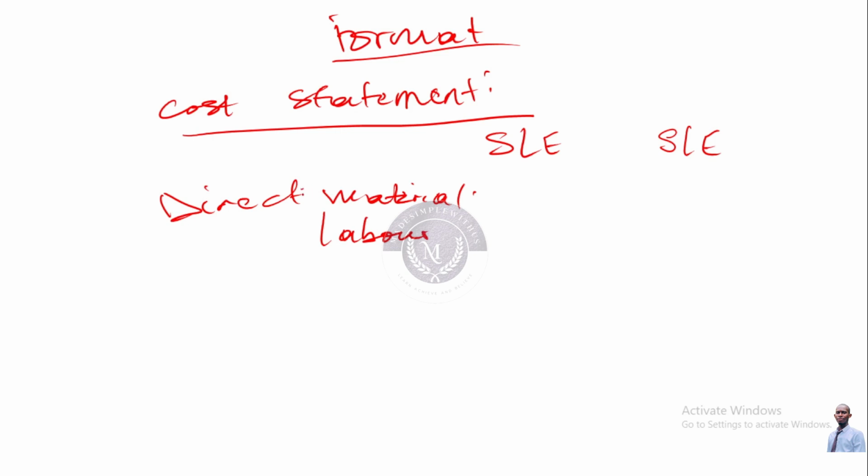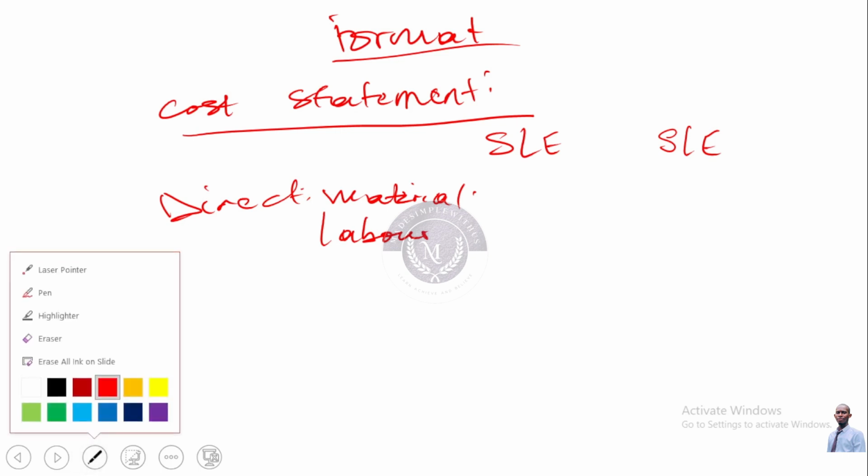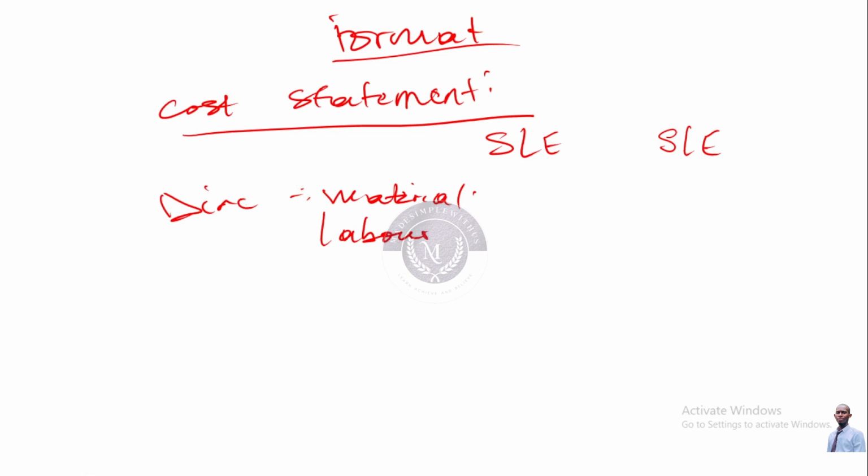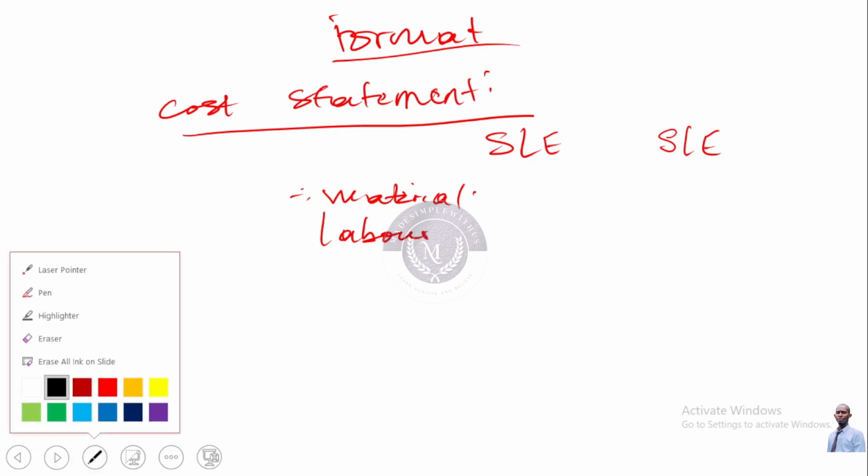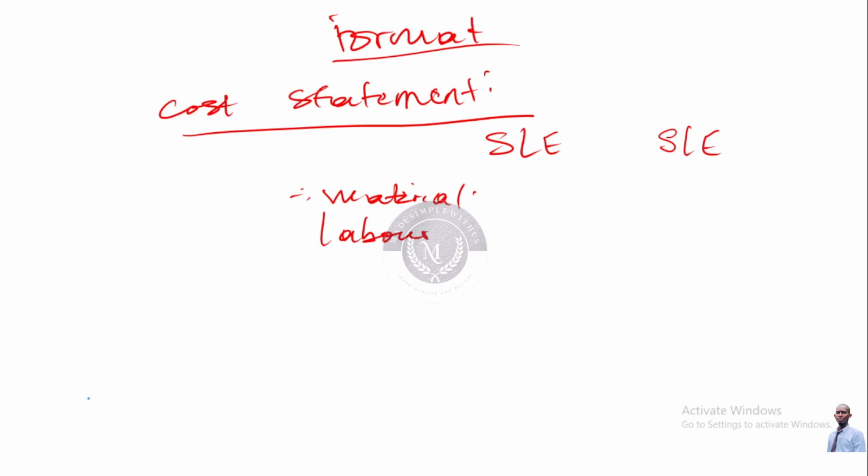These are all direct costs. So for direct cost, we talk about material, labor, and expenses.